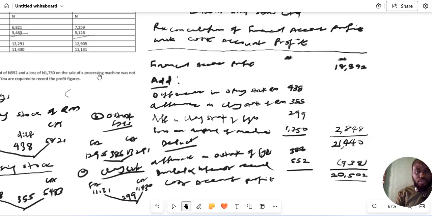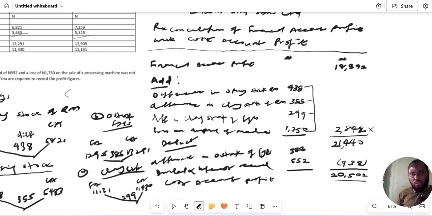Yes, this is where the error is. What happened was that I wrote 2 here instead of 8. So this should be 2842 when we add up all these figures. We just have to be very careful with our additions.